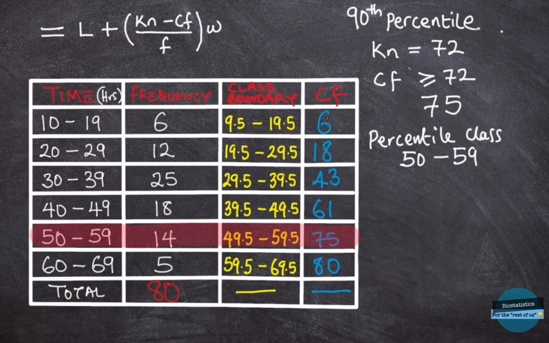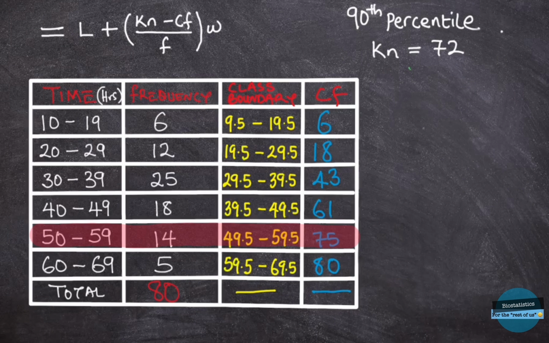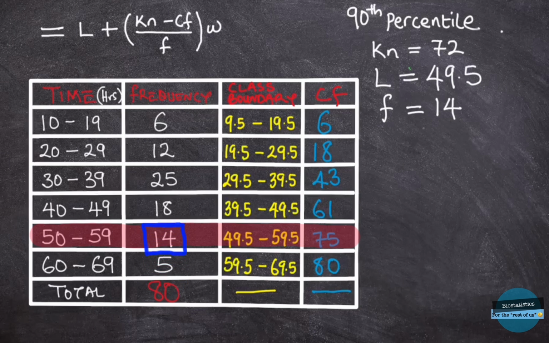All right, awesome. Our lower class boundary of the percentile class is 49.5. The frequency of the percentile class is 14. The cumulative frequency CF of the class preceding the percentile class is 61. And our class width is 10 as usual, right? W is 10. Now I'm putting all of these into the formula.